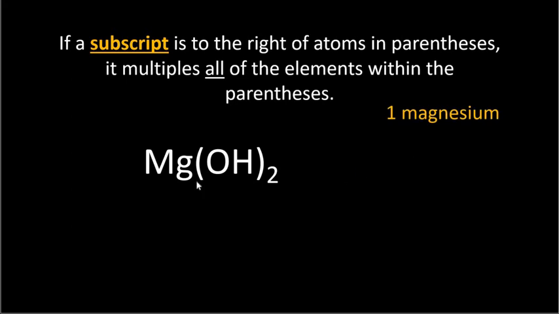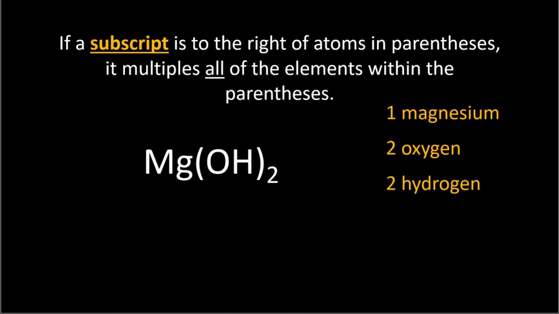Okay, because there's no subscript here, it means there's one. Now, the 2, remember, multiplies everything. So it's going to multiply the oxygen, and you'll end up with 2 oxygen because there's nothing here, so it means there's a 1 times 2 to give you 2. The 2 also multiplies the hydrogen, so you end up with 2 hydrogen.